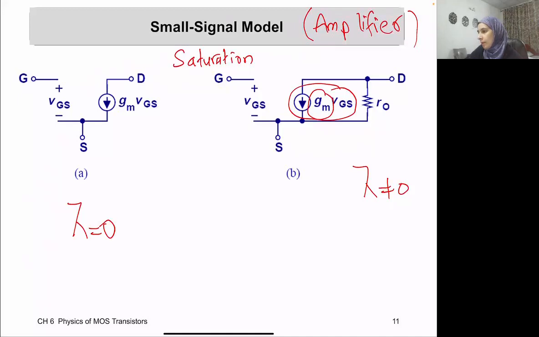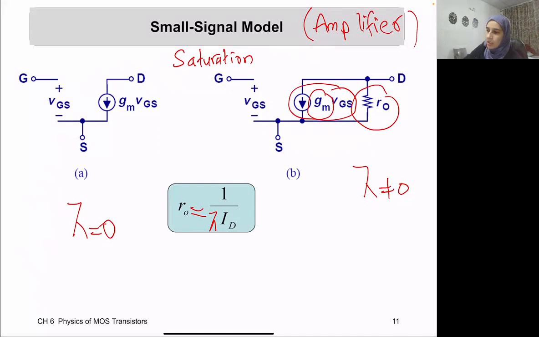And it's going to have a parallel resistance that's called R out. And this R out is basically equal 1 over lambda ID. So if lambda is equal to 0, then this R out will be infinity, and that's why we are not including it here in this model. So we can assume that it's having basically an infinite resistance.